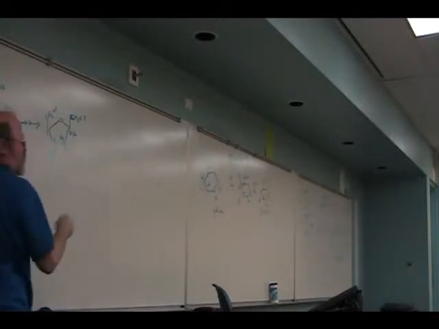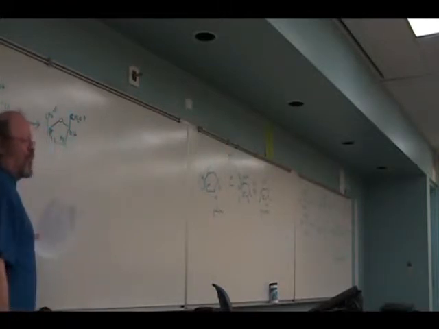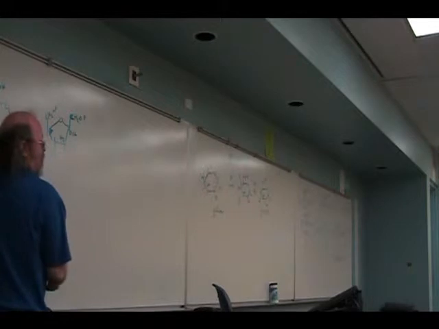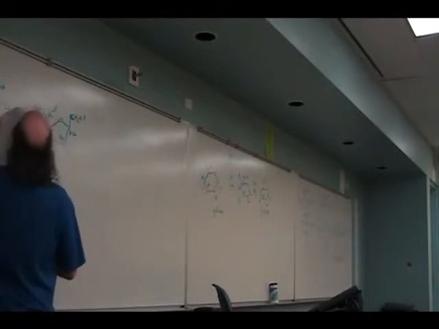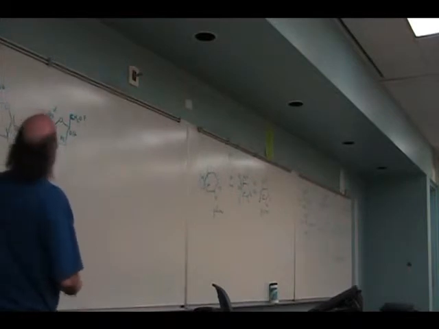So when we turned this thing into fructose, the label still stayed here. Everybody agree with me? Because all we're doing is playing around on this side, so the label's going to stay in the same place. It's staying on carbon number 5 if you want to use the numbering system.